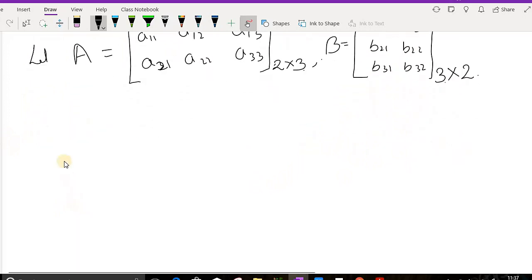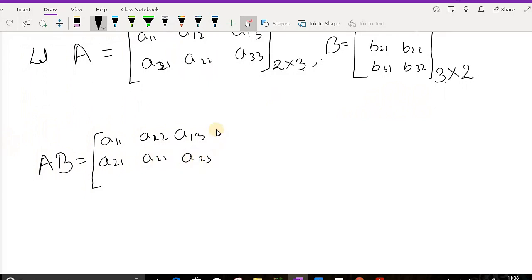Now we find AB. So to find AB, you write the matrix A: A11, A12, A13, A21, A22, A23, multiplied by B: B11, B12, B21, B22, B31, B32. So it is like this.